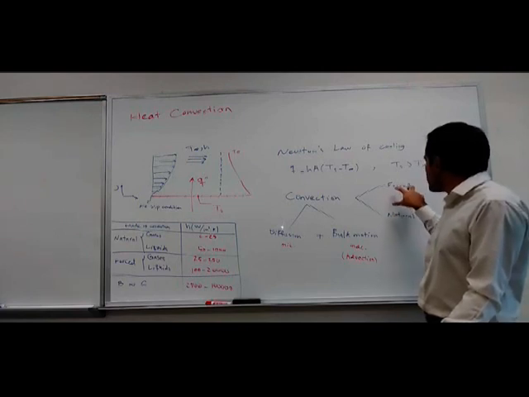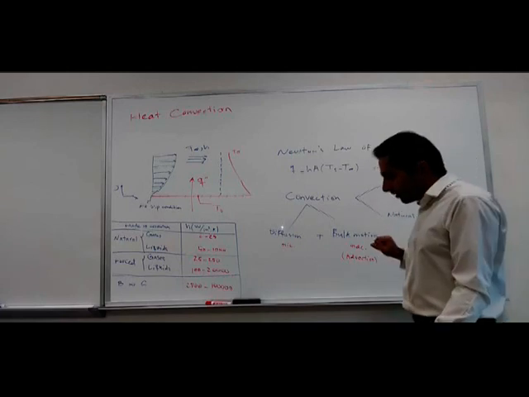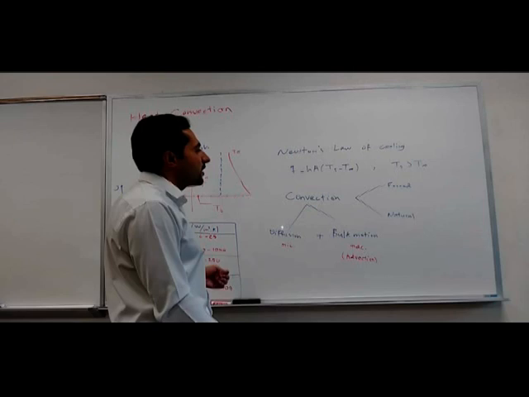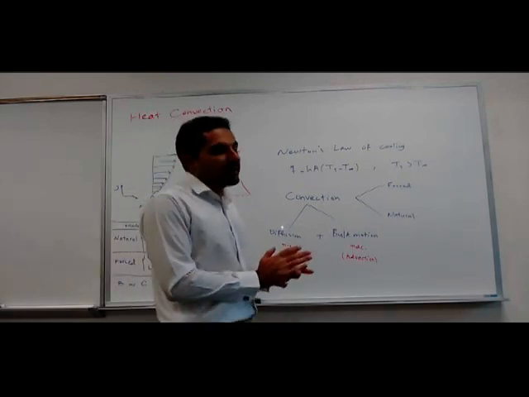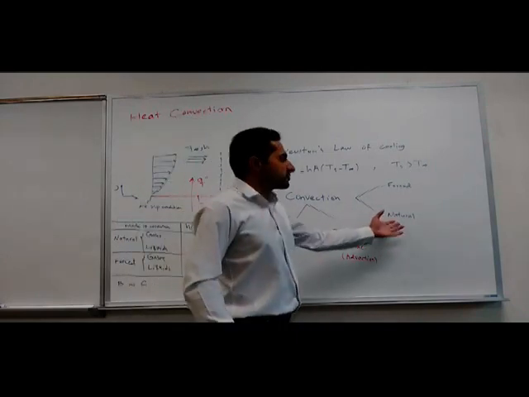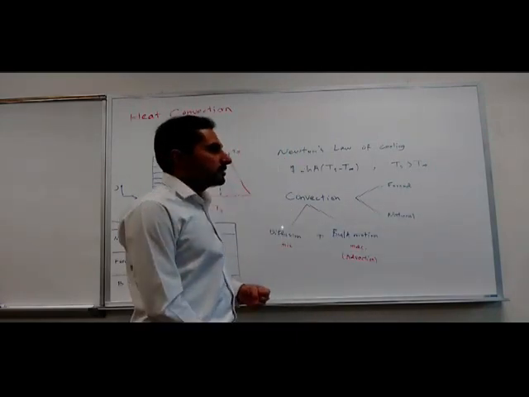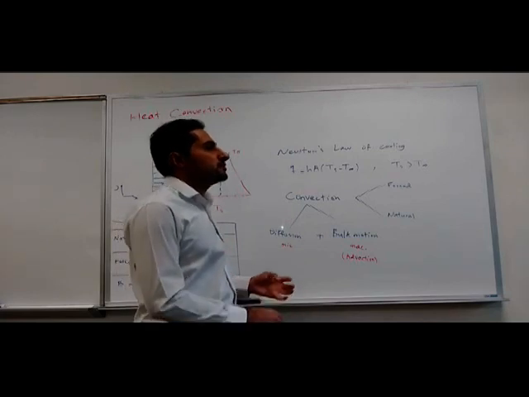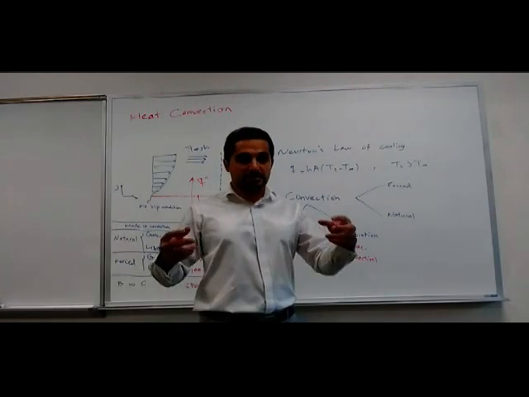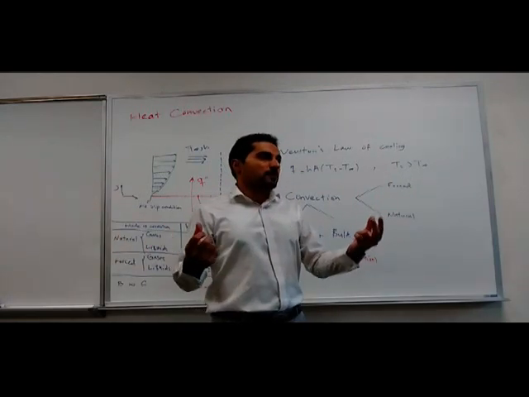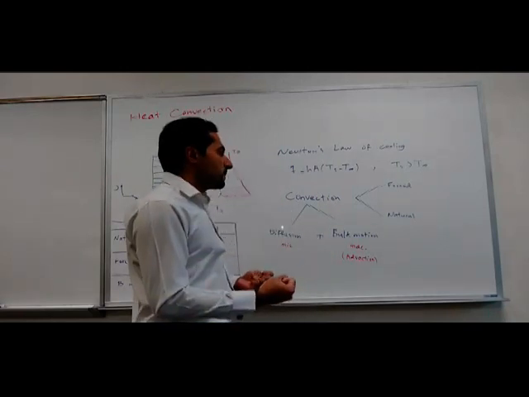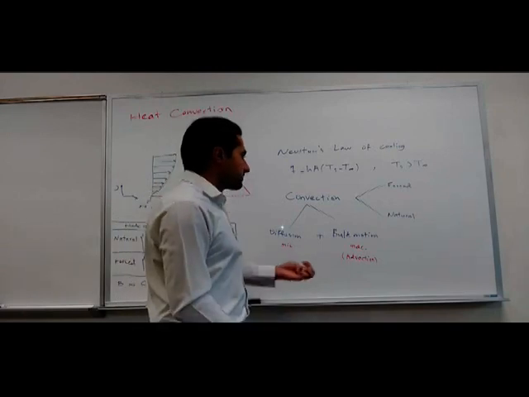First is forced convection, which occurs by a pump, fan, or atmospheric wind, or something like that, and the natural or free convection, which is due to temperature difference that leads to density difference in different locations, which consequently leads to a buoyancy effect, and natural convection occurs.